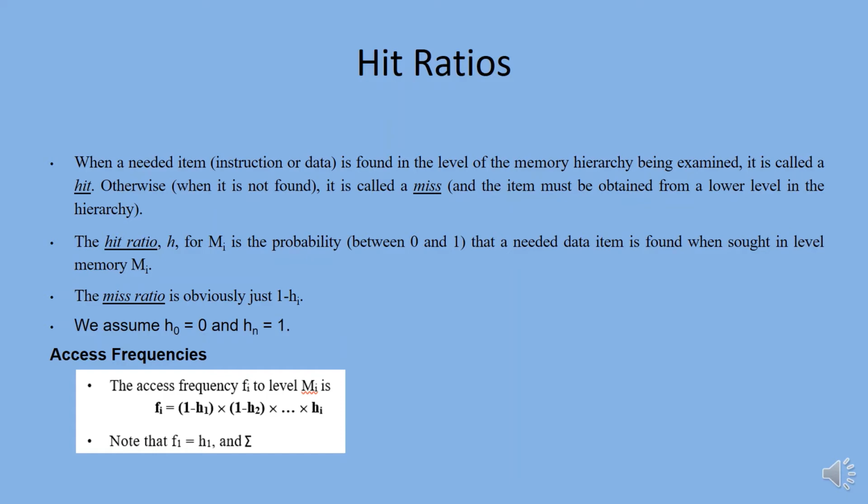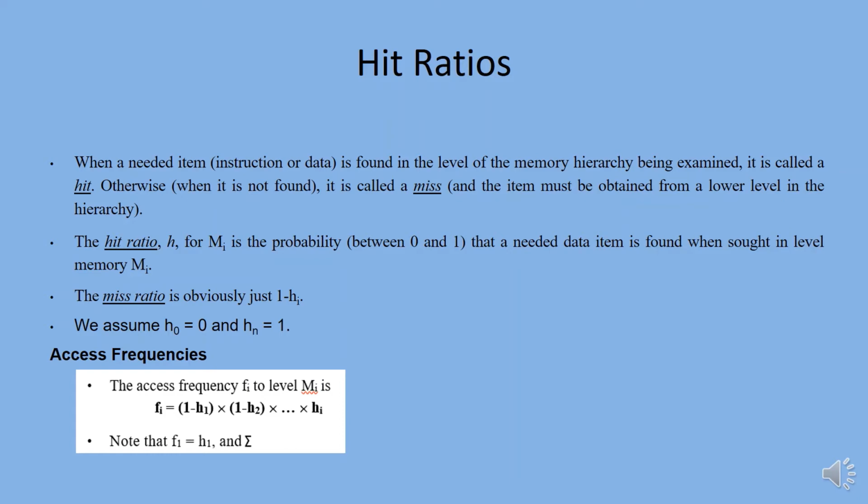To simplify the calculation, we assume H0 is equal to 0 and Hn is equal to 1, which means the CPU always accesses M1 and the access to the outermost memory Mn is always a hit.